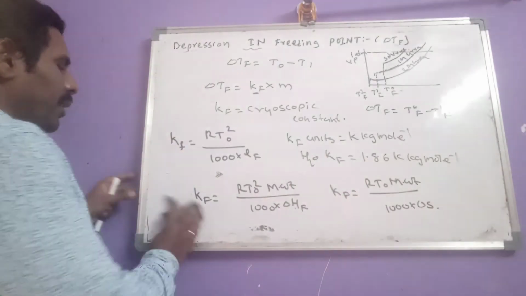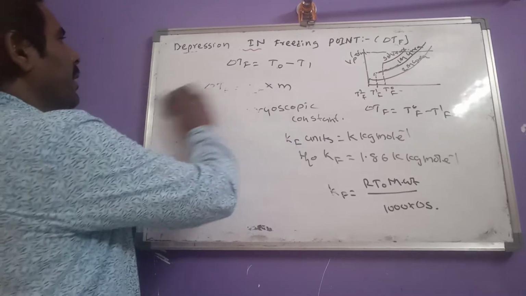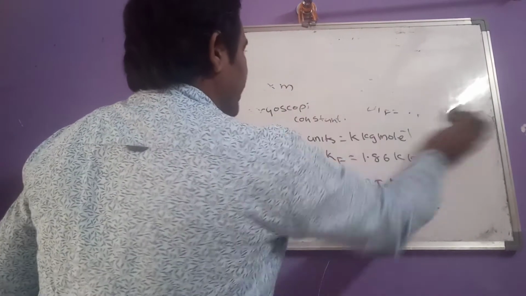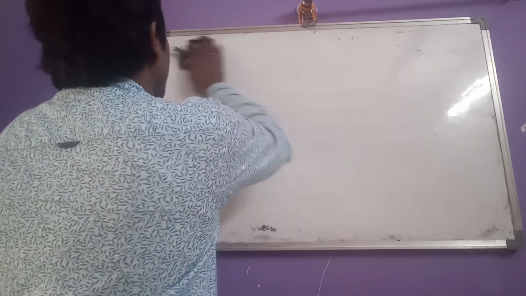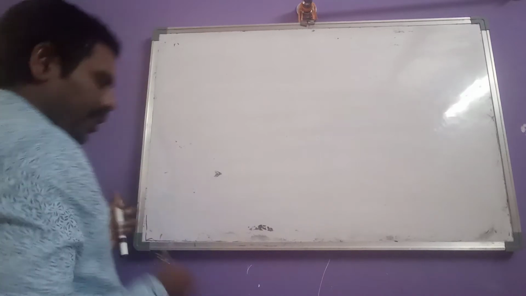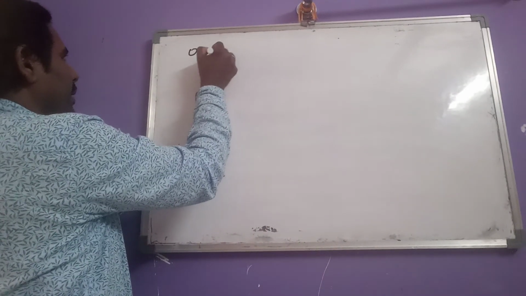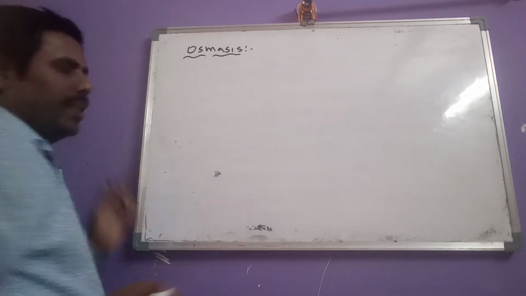Okay, then after this we have to see osmosis and osmotic pressure. So what is the meaning of osmosis and osmotic pressure? Let us see first osmosis. What is the meaning of osmosis here?